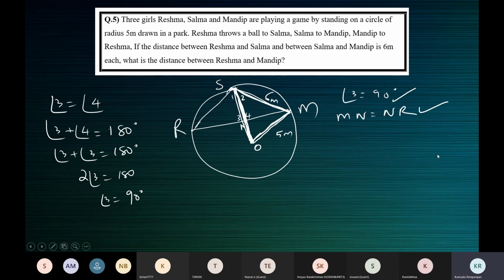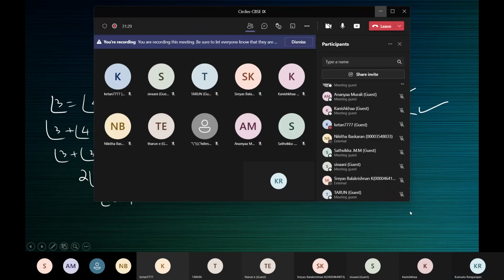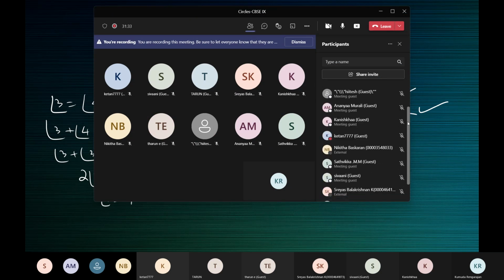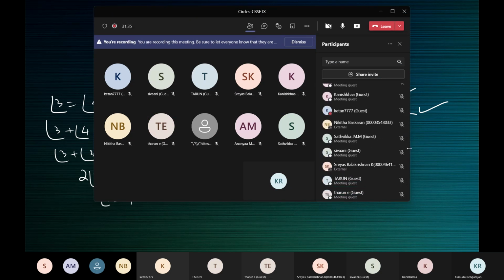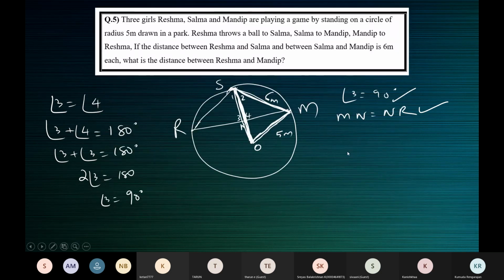So is OS. OS is also the radius. OM is 5 meters, OS is also 5 meters. OS and OM are the radii of the circle.